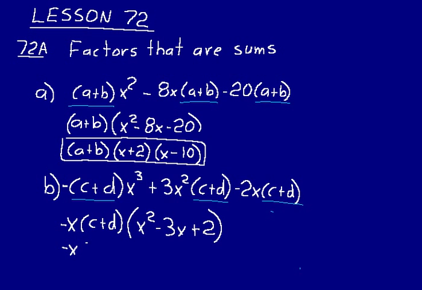So we'll have minus x times c plus d, and then make two binomials. Put x's at the beginning of each, and let's just think about our trinomial. What factors of 2 could we add together to get a negative 3? Well, we'd have to do a minus 2 times a minus 1, because minus 2 plus a minus 1 would give us minus 3.